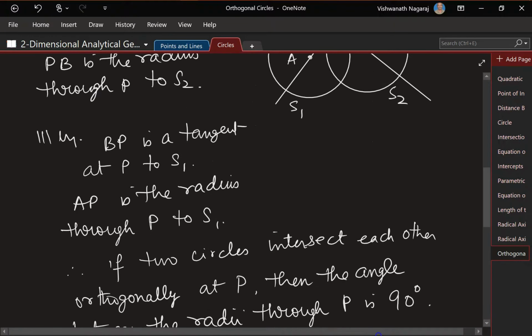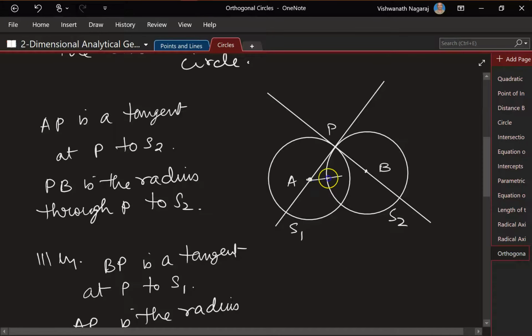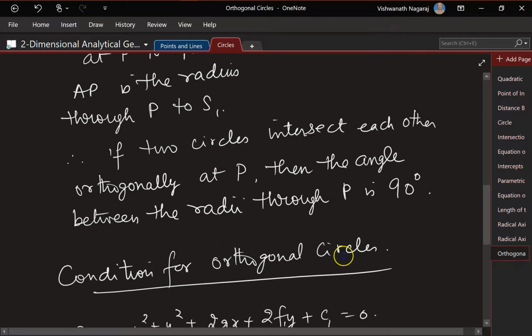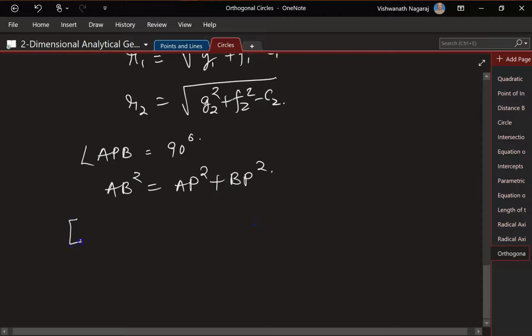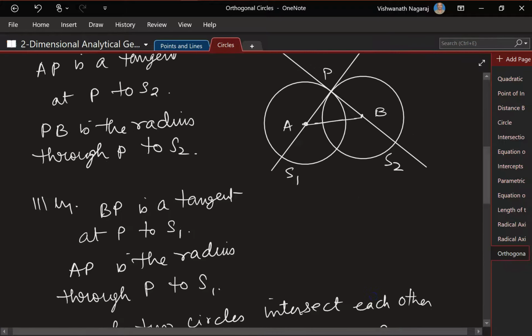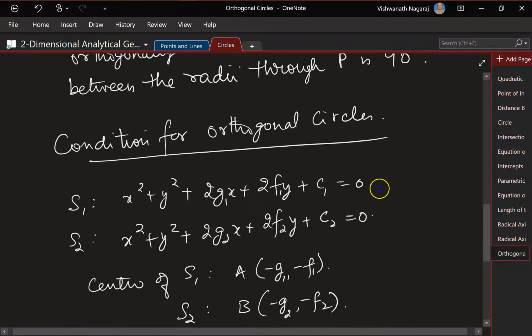Now the length of AB we can figure out through coordinates, and we know the coordinates. So AB square would be minus g1 minus minus g2, whole square, plus minus f1 minus minus f2, whole square, is equal to AP square plus BP square. AP is nothing but the radius, and BP is also a radius.